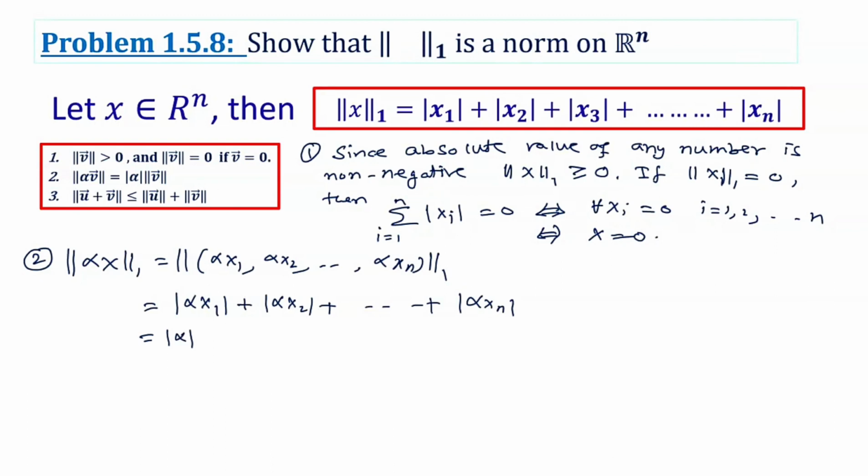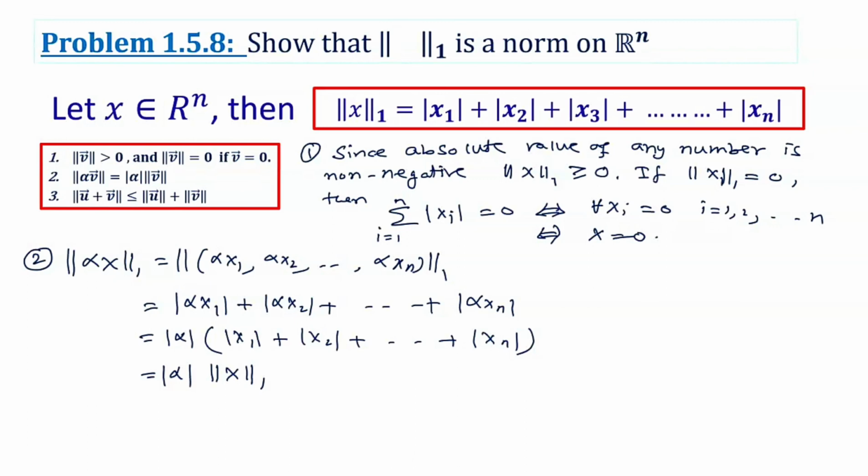We can take out the absolute value of α, so this is equal to the absolute value of α times the absolute value of x1 plus the absolute value of x2 plus the absolute value of xn. So this is equal to |α| times ‖x‖₁. So this validates the second property.